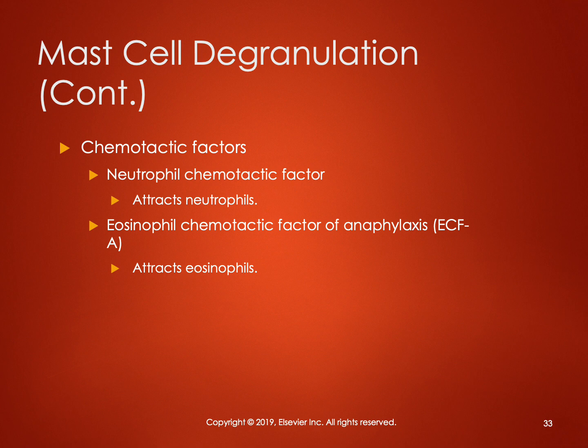What I want you to note here is that neutrophils, the NCF, are the predominant leukocytes at work during the early phase of acute inflammation. And the eosinophils have several functions in this process.